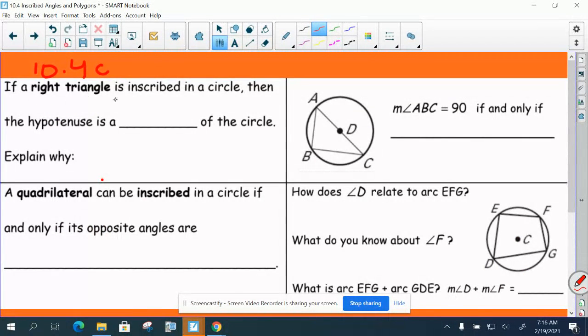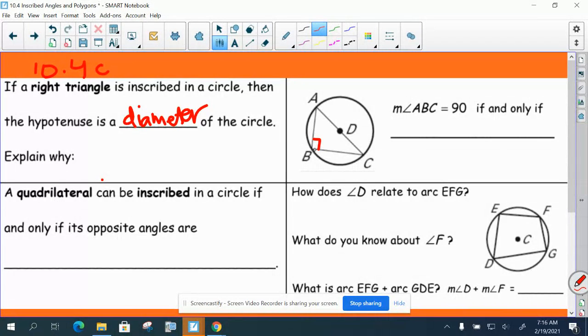10.4c. And if a right triangle is inscribed in a circle, then the hypotenuse is a diameter. Well, how do we know that? Let's look here. A, B, C. We've got a right triangle. Therefore, this angle must be 90 degrees.